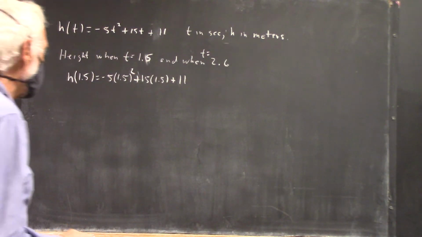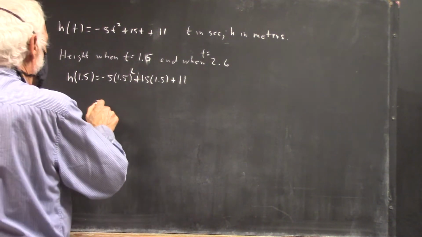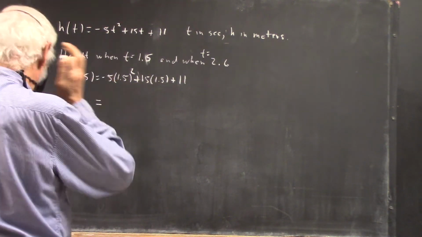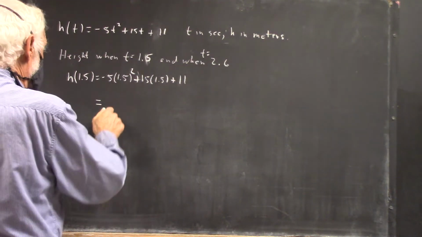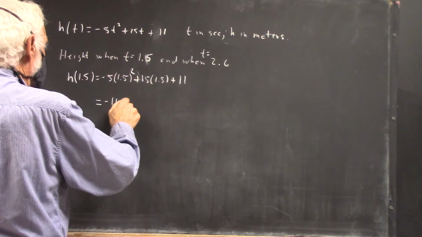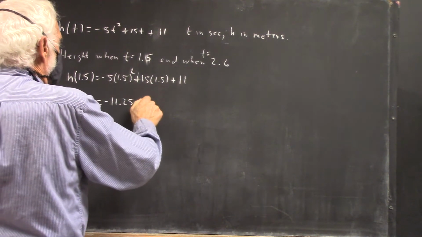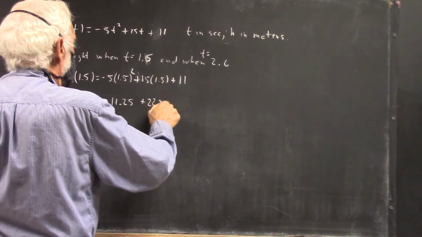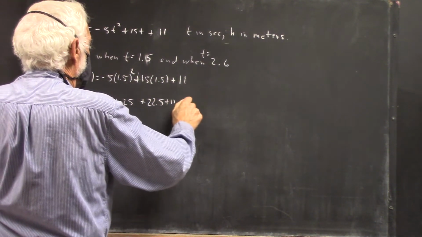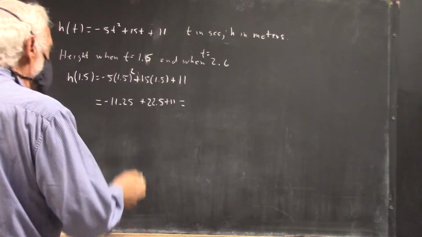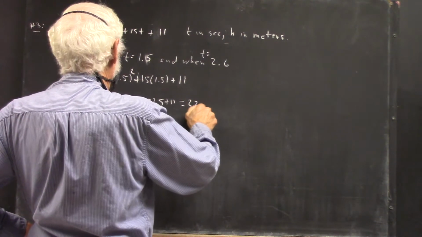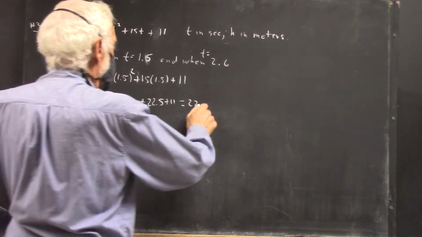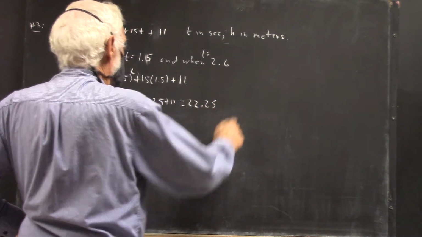Now 1.5 squared is 2.25, and you multiply this out and you get -11.25. And then this is 22.5 and this is 11. And that adds up to 22.25.